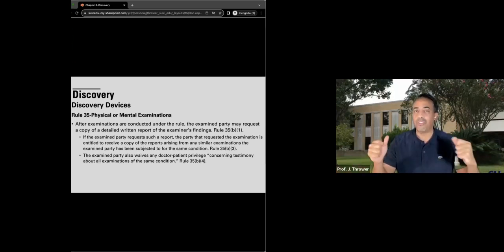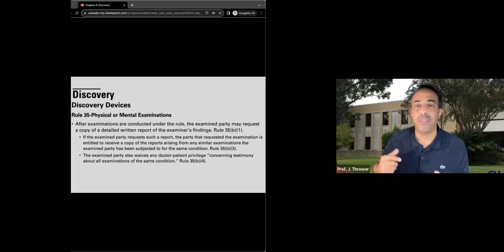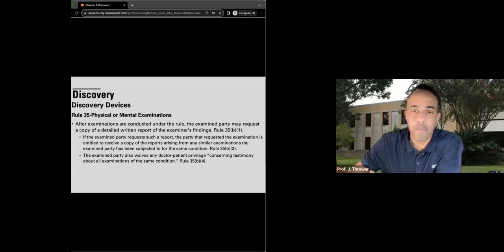And in conjunction with this opinion, typically authors a report of his findings. Rule 35(b)(1) suggests that if a report is authored, then the person who is examined has the right to request a copy of that report.